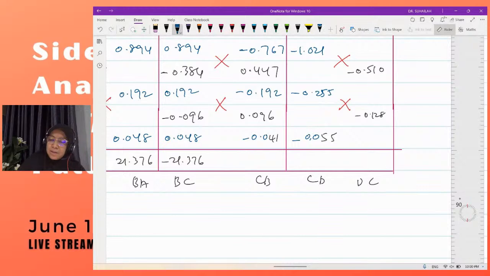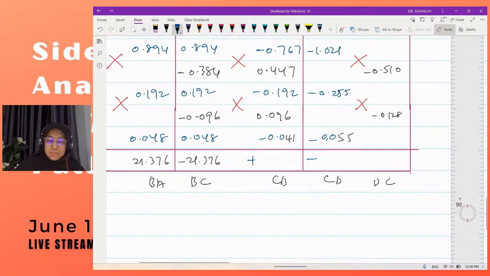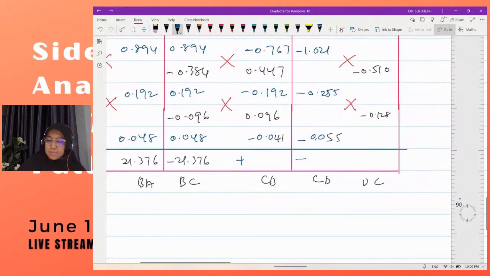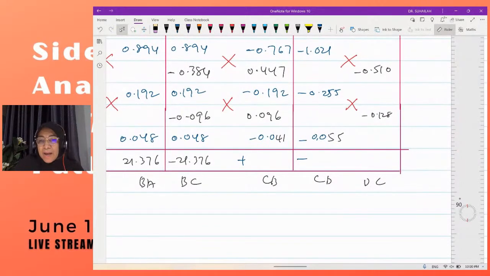So we get one negative, one positive. This is positive value, 25.123.